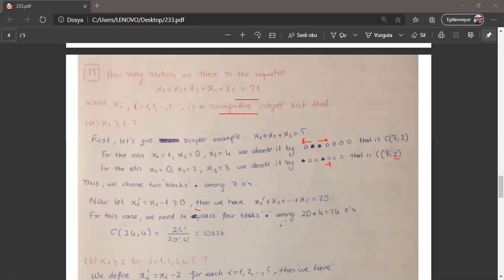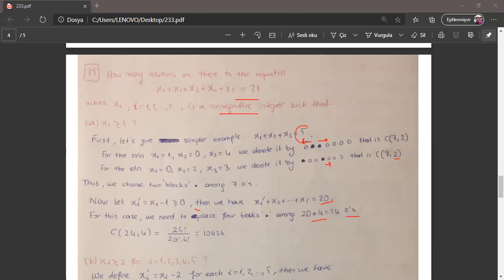Now what do we do? We will choose 4 blocks, okay? As we have 5 variables, we choose 4 blocks. Remember, we had 3 variables, we chose 2 blocks. So the number of variables minus 1 gives us the number of blocks. So here we have 4 blocks. We need to choose 4 blocks among 20 plus 4 empty dots.